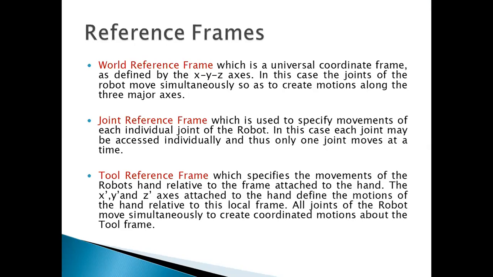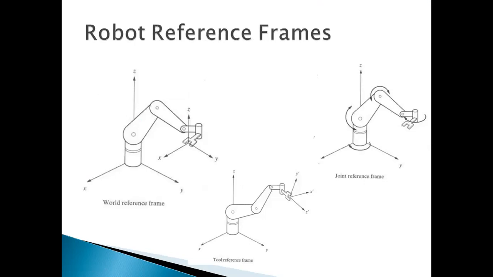Between these two reference frames, you have to find out the position of the end effector with respect to the world reference frame. This is basically called inverse kinematics. So these are basically the reference frames which are normally used while doing the programming or the kinematic analysis of the robot.